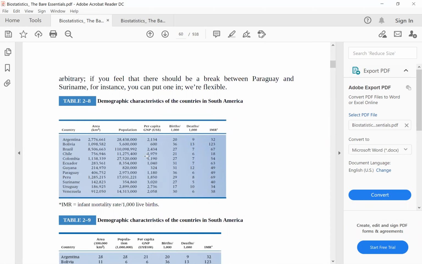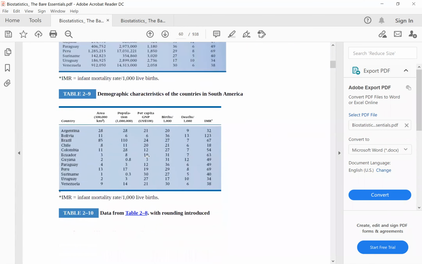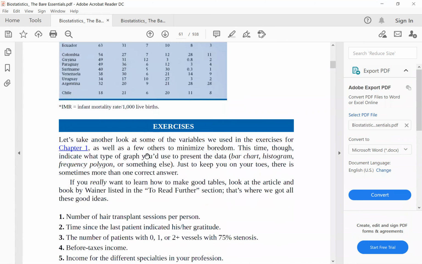This is demographic characteristics of countries. This is a table of infant mortality rate.